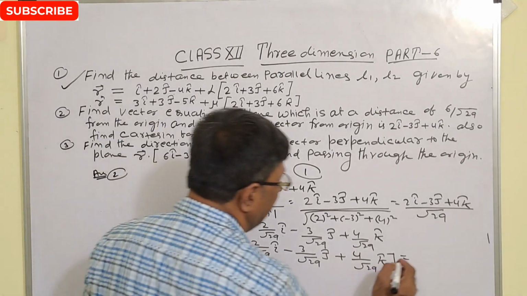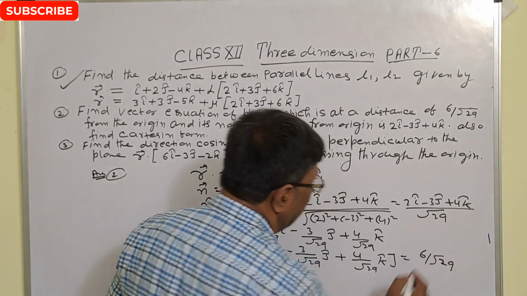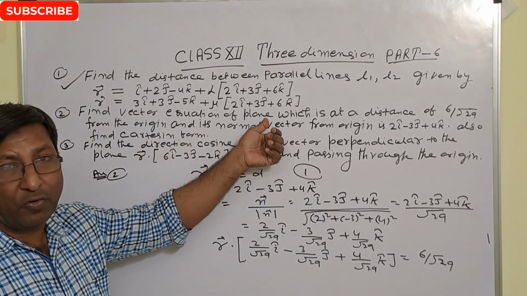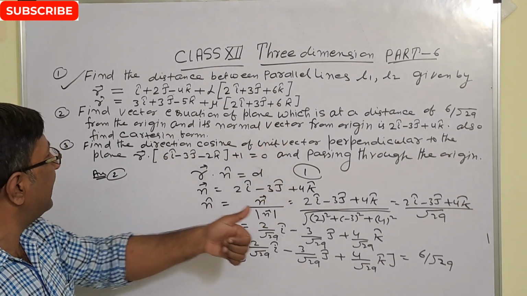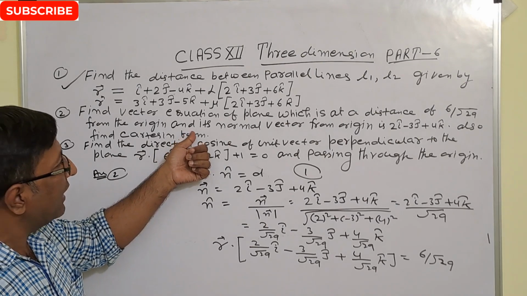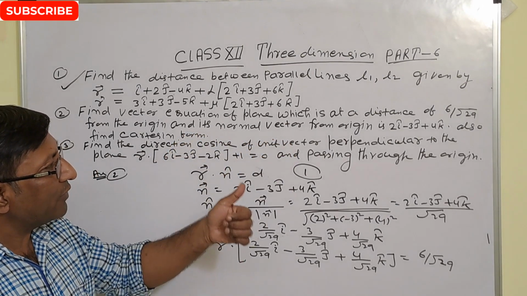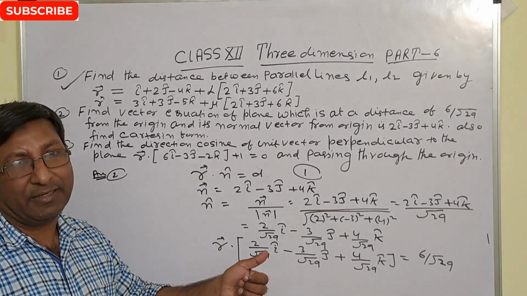D is 6 upon root under 29. So this is the correct answer for the vector equation of the plane which is at a distance of 6 upon root 29 from the origin, and whose normal vector from the origin is 2i minus 3j plus 4k. So this is the right answer.